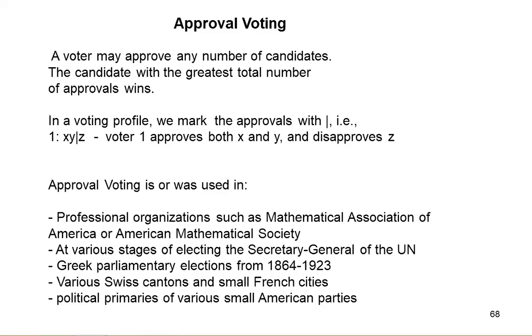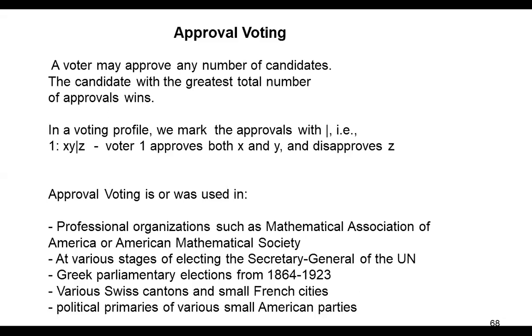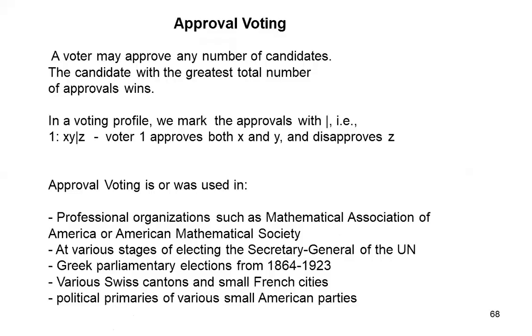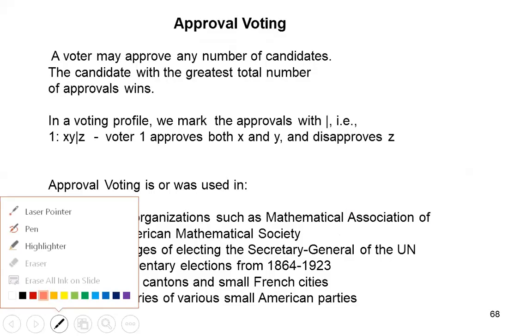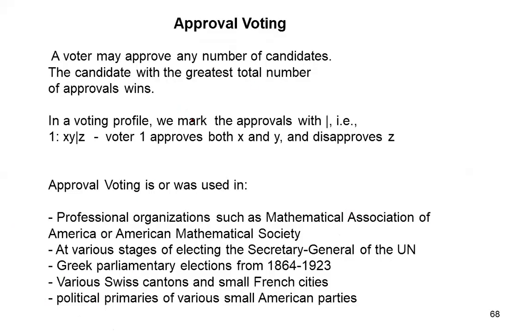So now the idea is very simple, but we don't have any formal method to denote which candidates are approved by our voters. So let's do it the following way. In a voting profile, we have our candidates ordered.